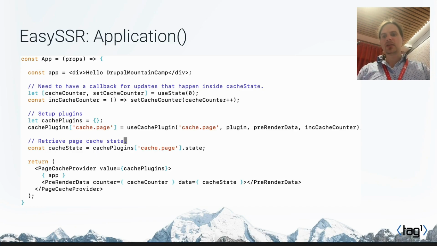And then we can see how a typical application would look. There's unfortunately still a lot too much boilerplate, and I presume with a little bit more magic, this could probably be reduced to something which is just providing a page cache provider wrapper or even component, which is then including the app. But right now it is so much boilerplate, it's what it is.